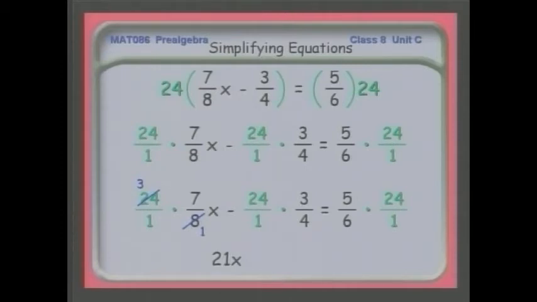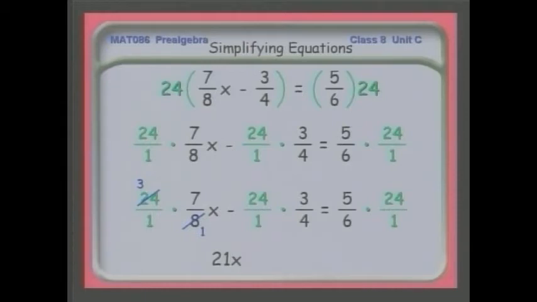Then I have 3 over 1, which is 3, times 7 over 1, which is 7. 3 times 7 is 21x. Notice how slick that was? There's no fraction in that first term anymore because I multiplied it by that common denominator.